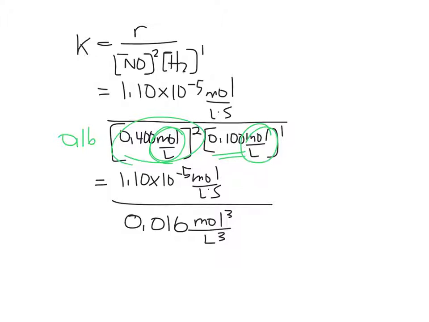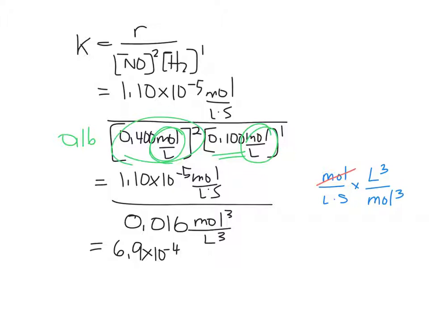So 1.1 times 10 to the negative 5 divided by 0.016 is equal to 6.9 times 10 to the negative 4, rounding it off. But our units are going to be a little weird. We've got mole per liter per second divided by moles cubed over liters cubed. That's the same thing as multiplying by the inverse.